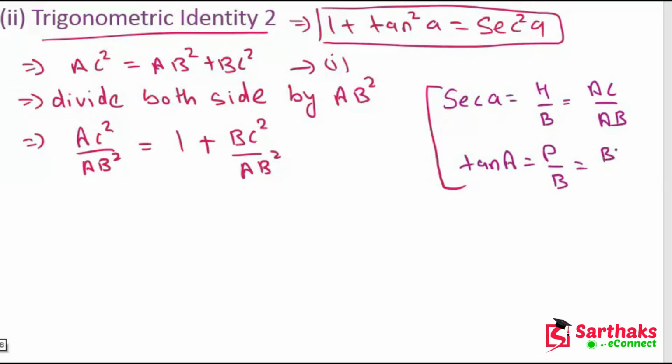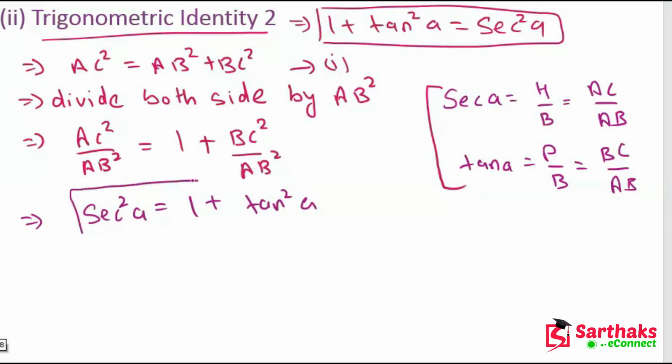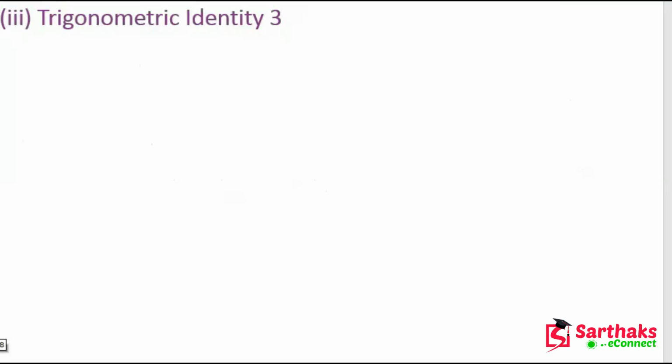Perpendicular is BC and base is AB. Now we are putting these values in this equation. So we get sec square A is equal to 1 plus tan square A, which is our required identity. Hence proved.